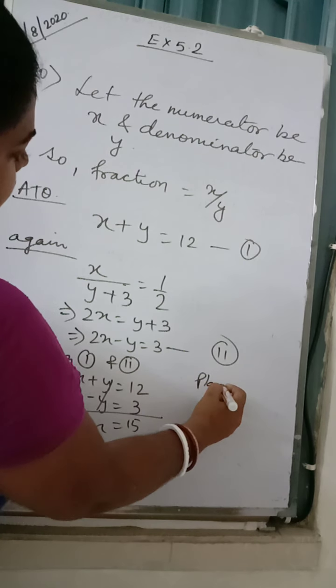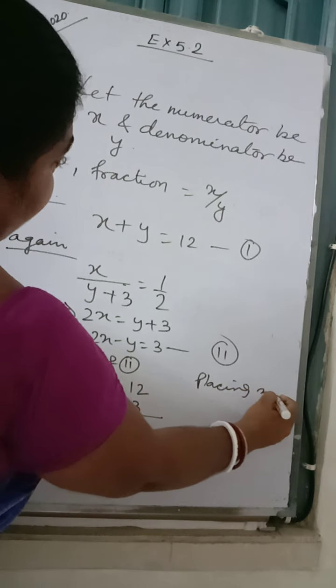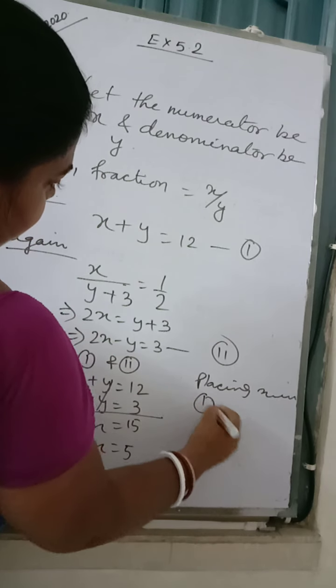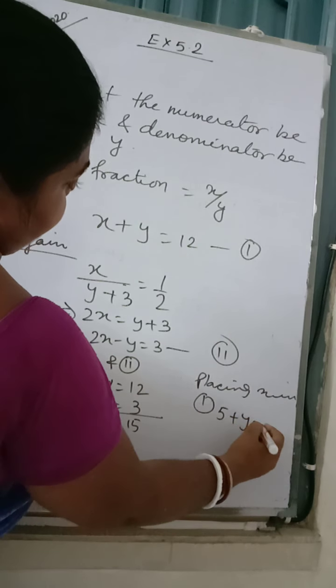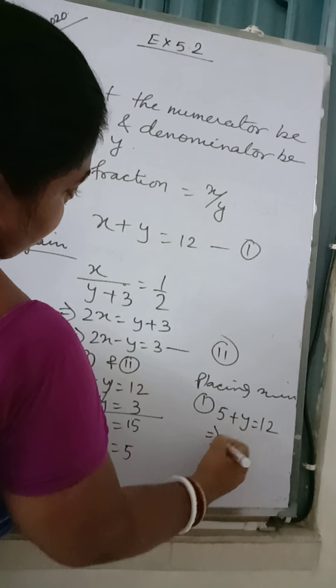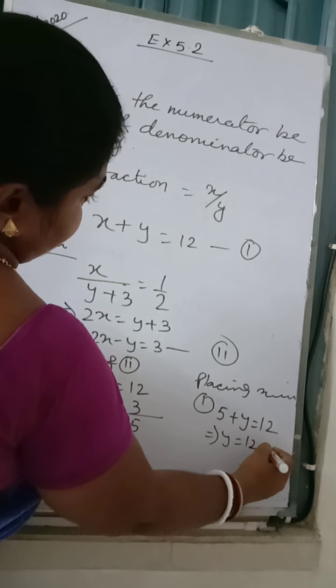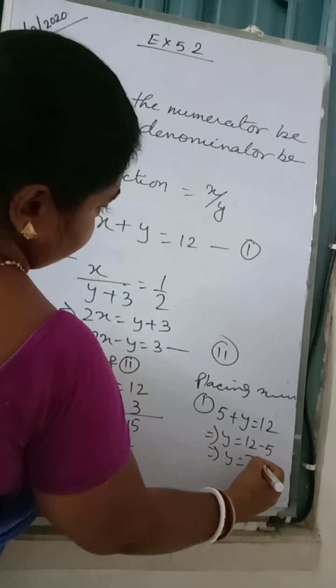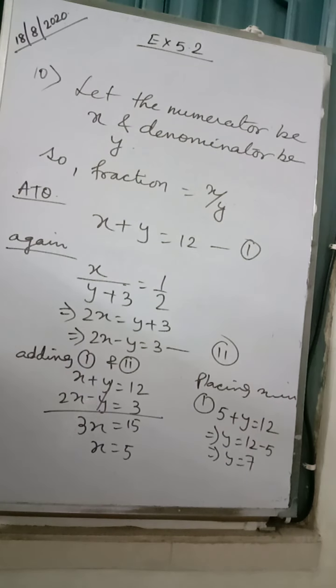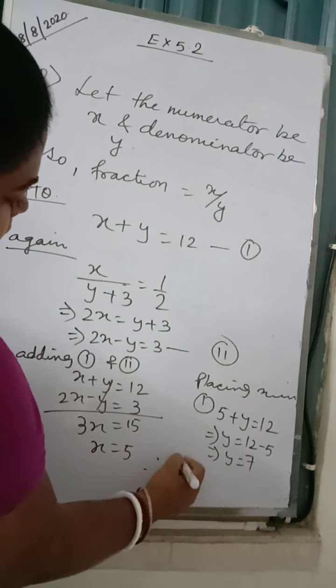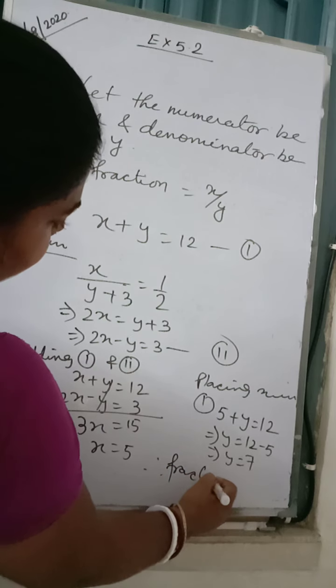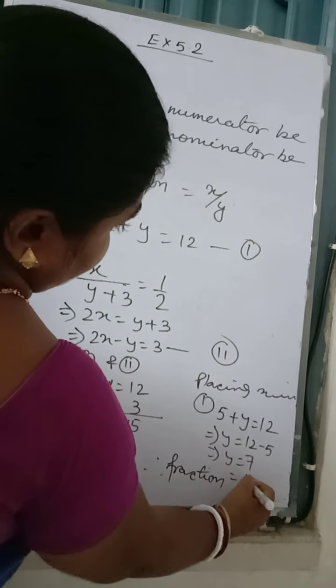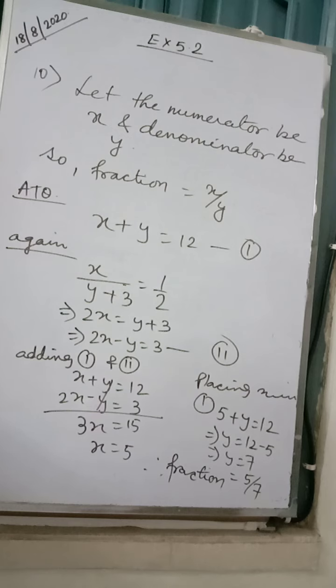Placing x in 1, 5 plus y is equal to 12, or y is equal to 12 minus 5, y is equal to 7. So the fraction would be 5 by 7. This is question number 10.